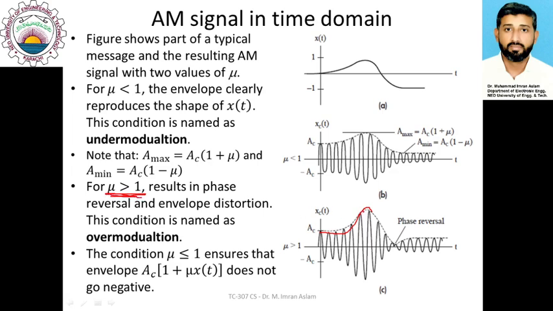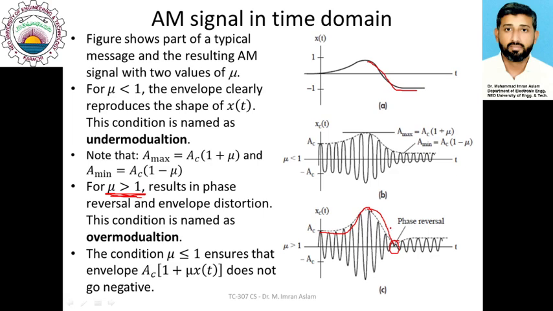The problem occurs when this goes towards the negative side. As soon as it starts to go downward, at this point it will cross the zero amplitude axis. Crossing the zero amplitude axis means there will be a phase reversal. We have previously discussed that a negative amplitude does not have any meaning; rather, a negative amplitude means we have a 180-degree phase shift.